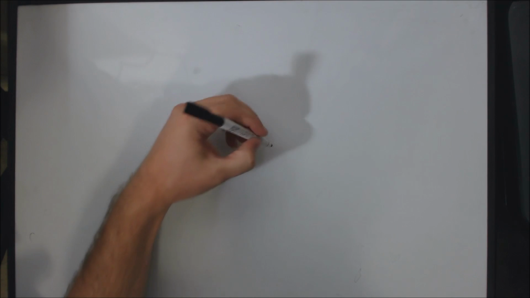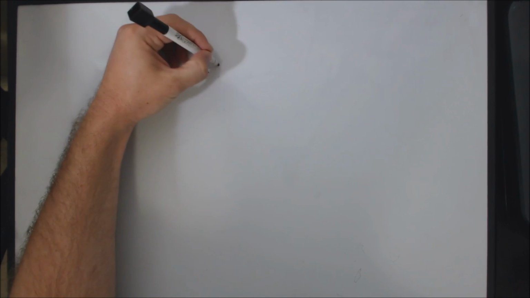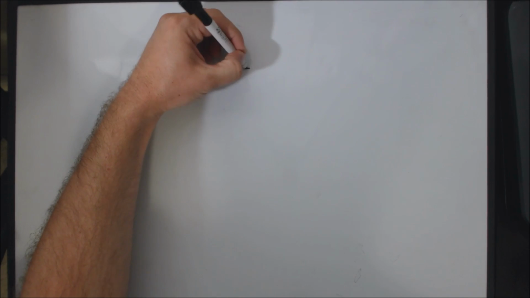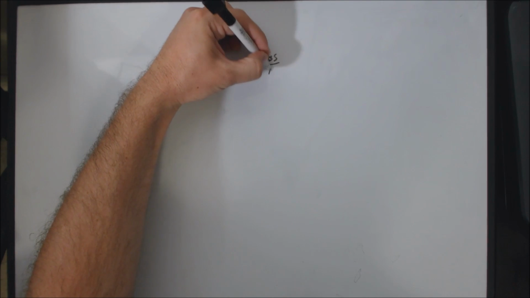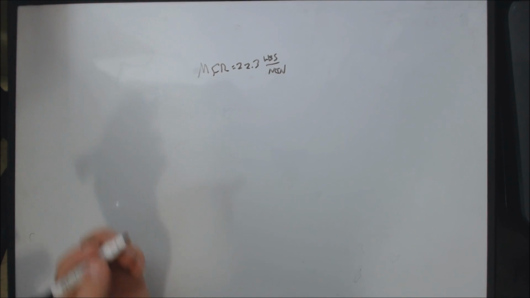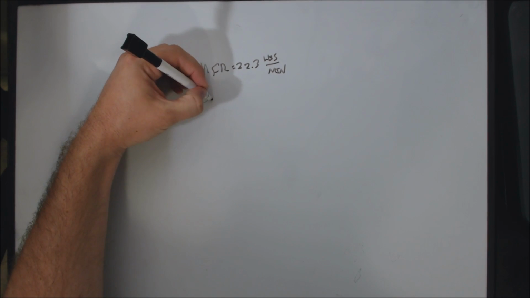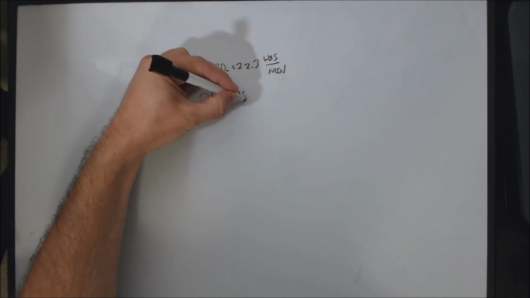Okay, so if we recall, our mass flow rate was 22.3 pounds per minute. And now I know my density ratio, which was about 1.98.